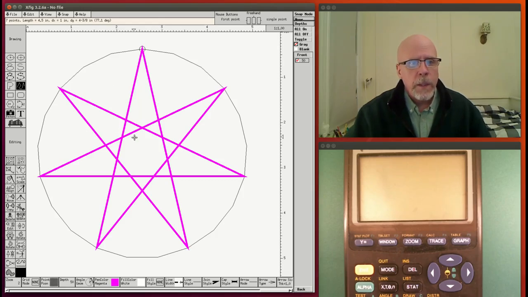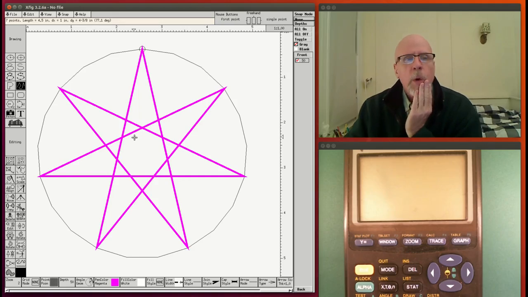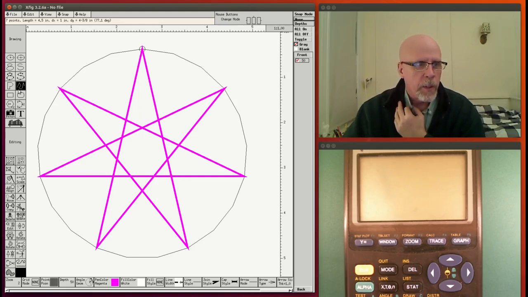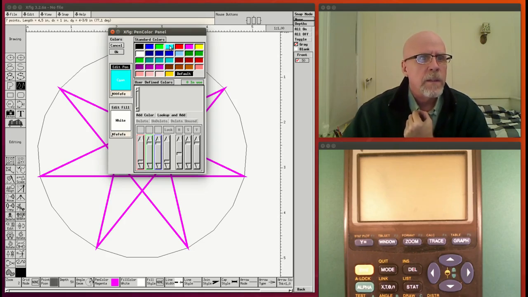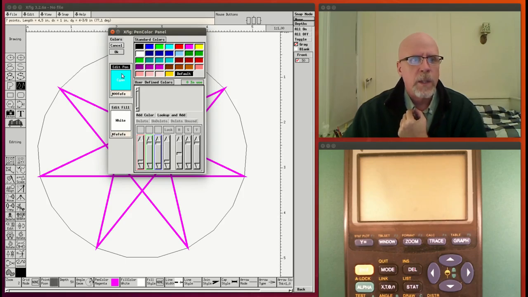I think there are 2 other sorts of stars that are 7-pointed. Let me show you them. We have magenta, so I should go with yellow, and what's the last one? Cyan. Let's do cyan first.